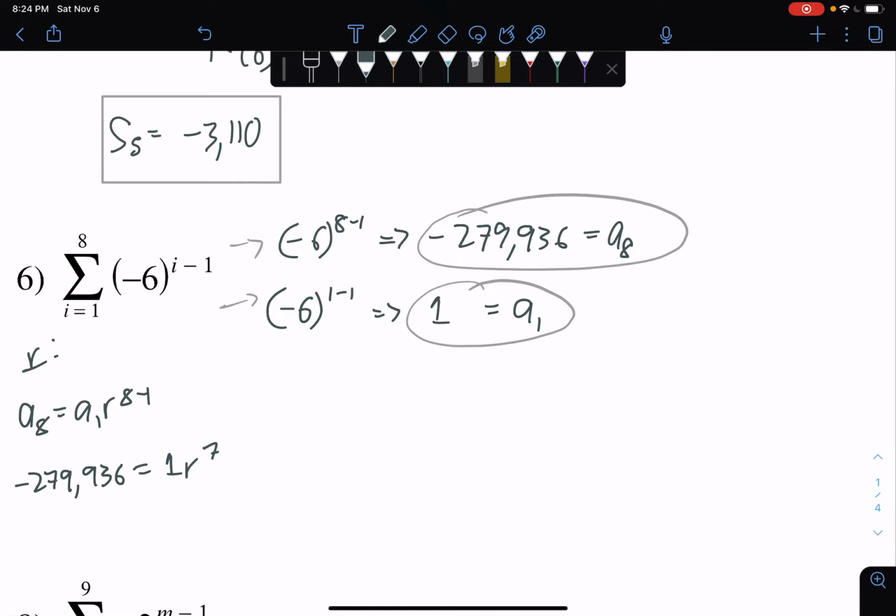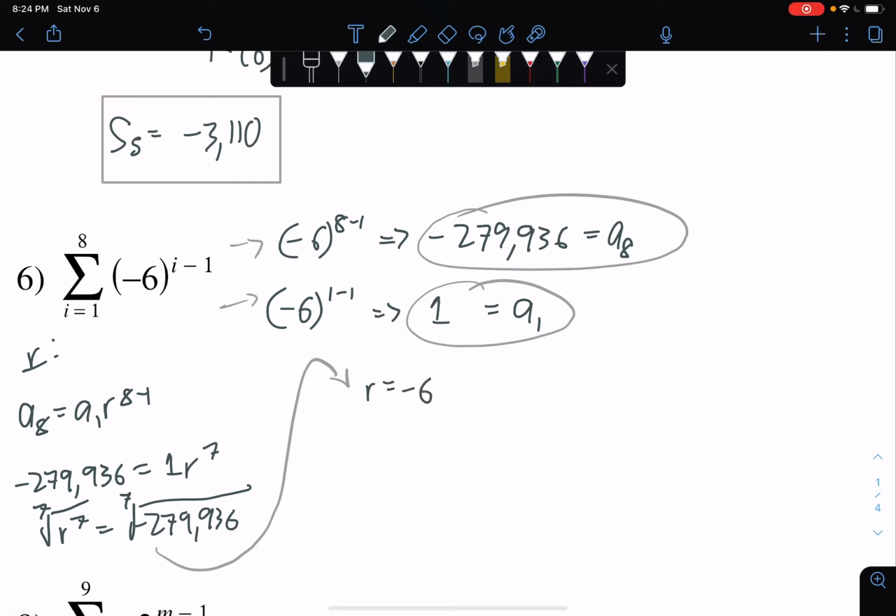The nature of multiplication, division is like that. R raised to 7 is equivalent to negative 279,936. Root both sides with 7. I'm not sure if that's how you say it, but I think you're getting it with what I'm writing, hopefully. So the seventh root of negative 279,936, our r is equivalent to negative 6.